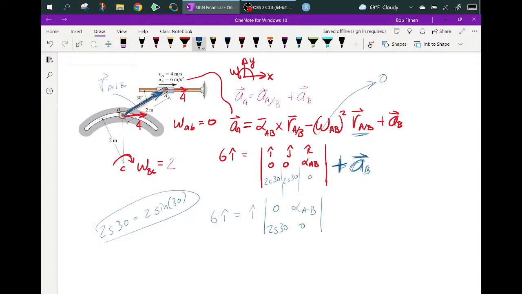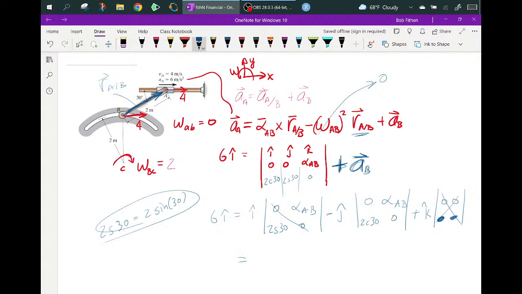It's just a shorthand way of doing it. 2 cosine 30. This is the two values there, but the thing is, it doesn't matter.